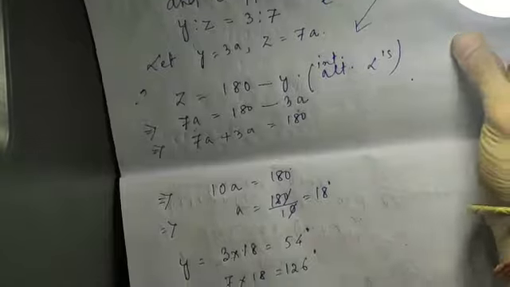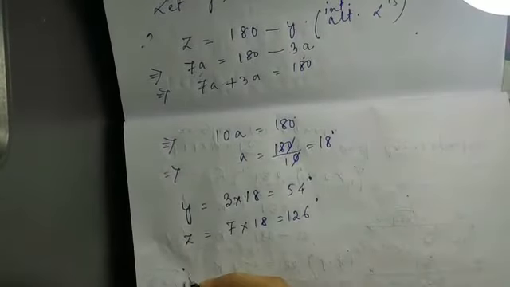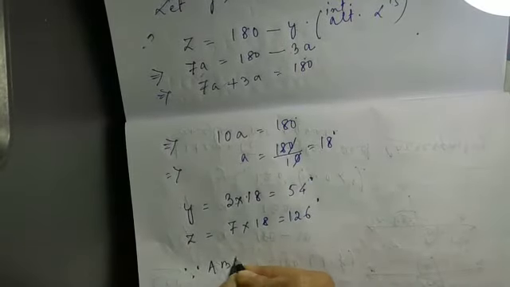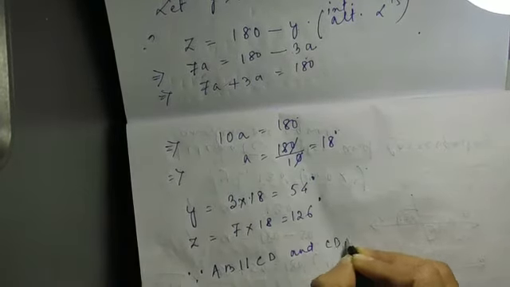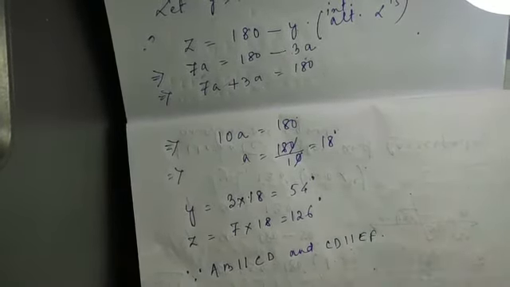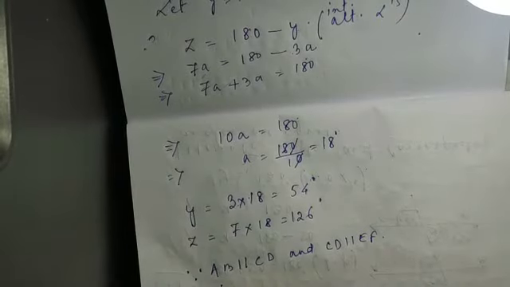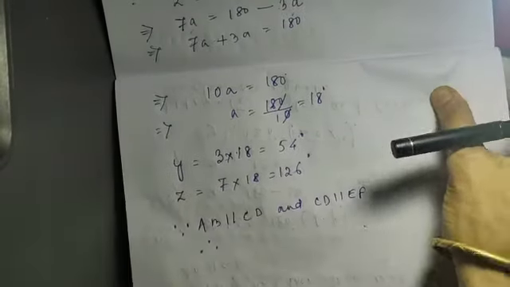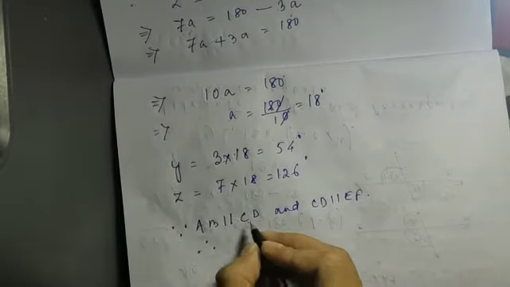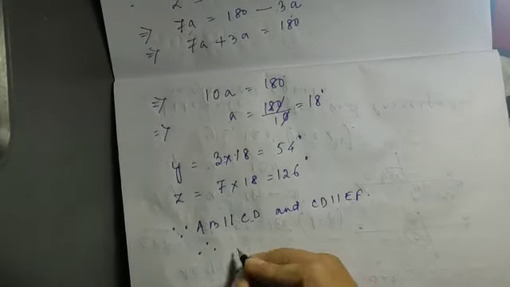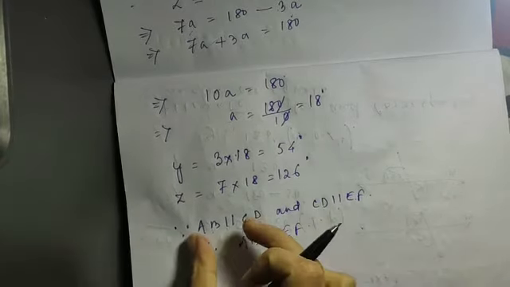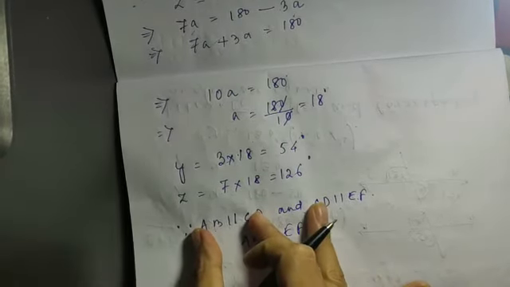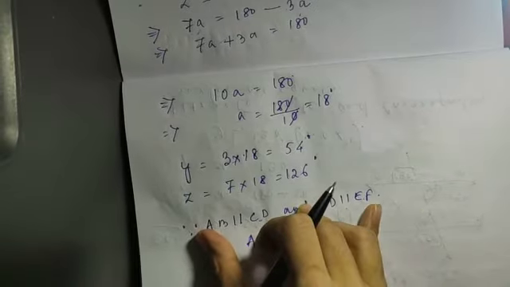So we will write down here: since AB is parallel to CD and CD is parallel to EF, therefore AB is parallel to EF.